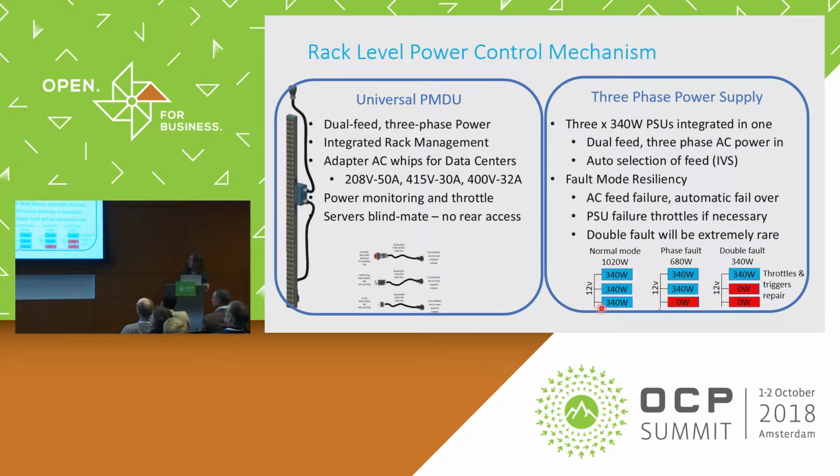The universal PMDU is dual feed, so you see the two cables coming into it. Interestingly, the different connectors throughout the world just plug in. They connect in on the power outlet. We have different leads that will connect in here, so you don't have to change out the full PDU.